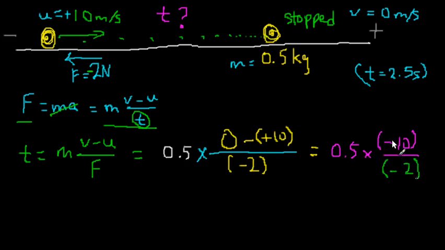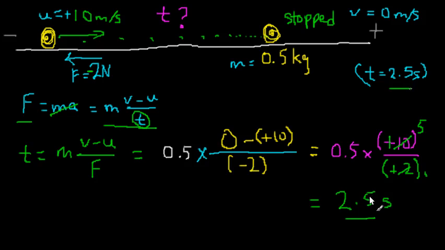And I have minus over minus, so it becomes plus. 10 over 2 is 5. So cancel, gives 5 on top. And 5 times 0.5 is 2.5. And since this is time, we have seconds: 2.5 seconds, the same as the answer that we got just now.